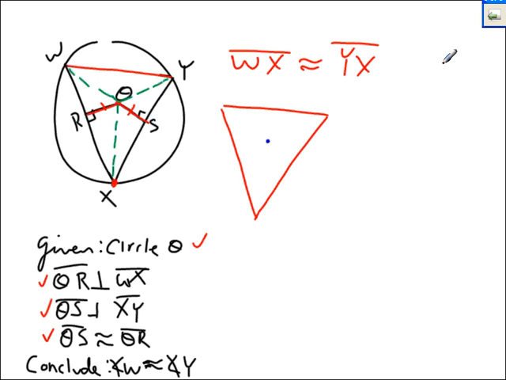And here's the center O. And now I have this. And of course, those are equal. Those are equal. Which means this angle equals that angle. And this angle and that angle are equal. And this angle and that angle are equal.